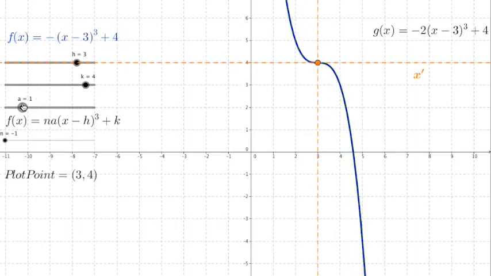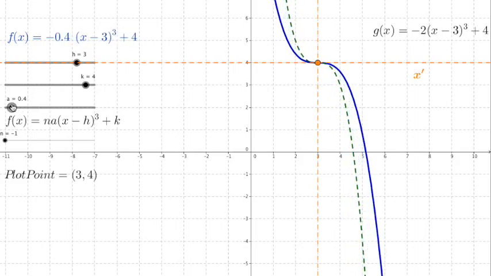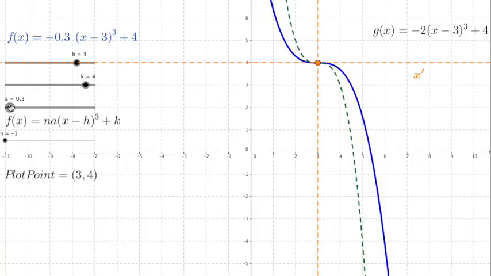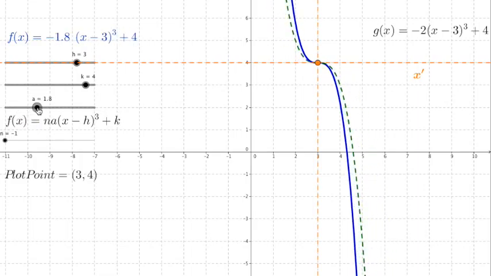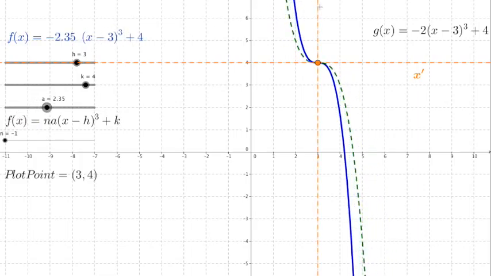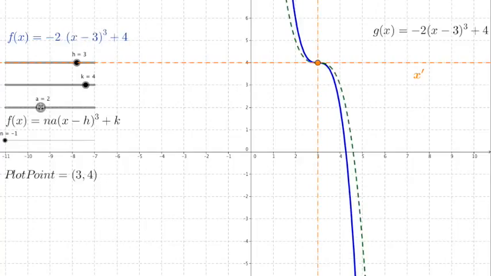If it's smaller than 1 but bigger than 0, it gets closer to the horizontal. What I mean by horizontal is this line, and when it gets bigger than 1, what I mean by the vertical is this line. So here a is equal to 2, so right there would be the graph.